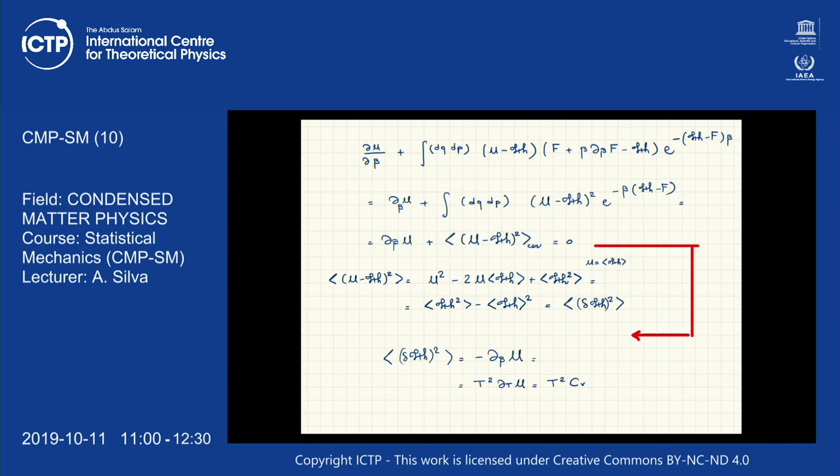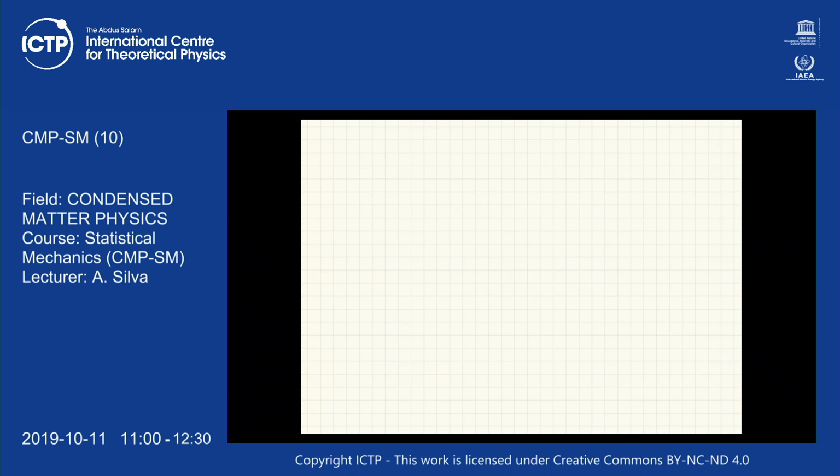And now C_V is an extensive quantity, right? So it will scale like n. That means that if you now take the ratio of this square root, which I think is the standard deviation, correct?